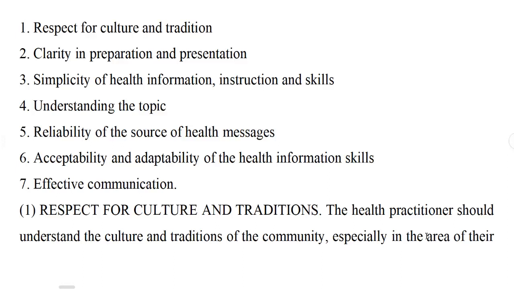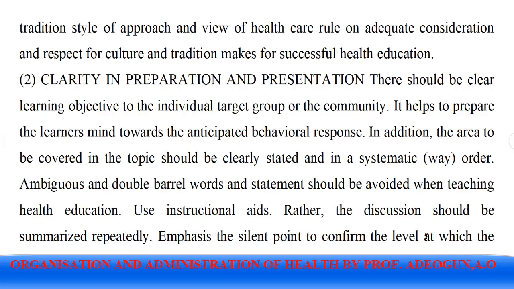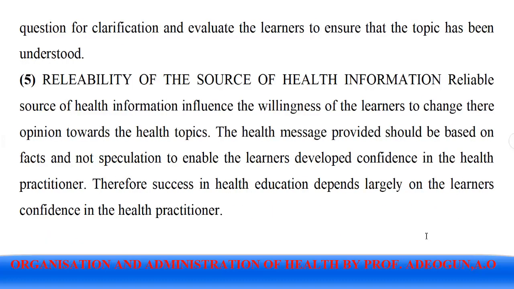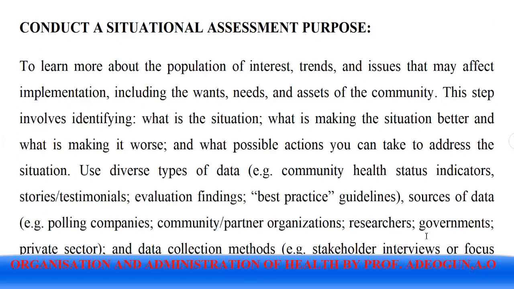Instruction and skills. There must be understanding, especially on the topics to be chosen. Reliability of the source of health messages. Acceptability and adaptability of health information skills. Then there must be effective communication between the organizer and the people. So all those things are very, very crucial when talking about planning for a program.